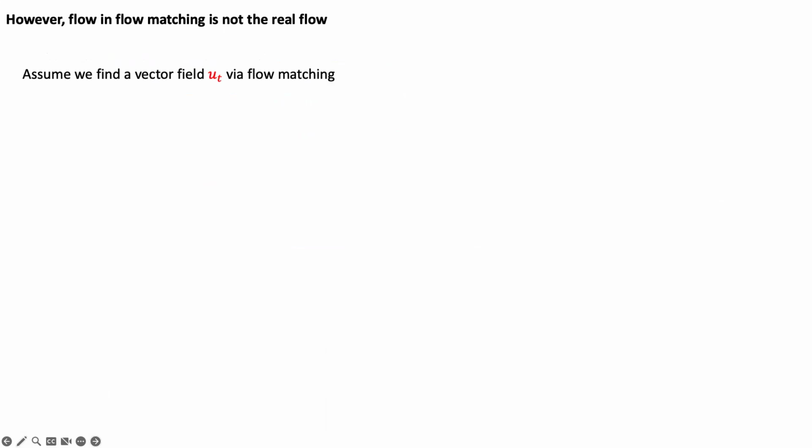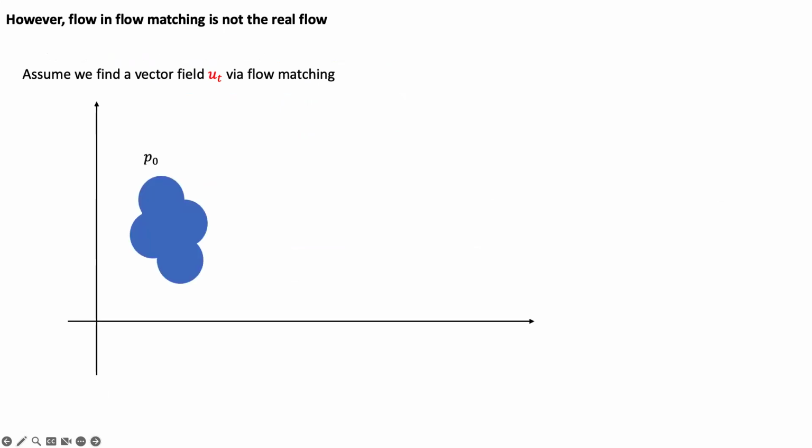Okay. Actually, one thing to remark is that the flow in flow matching is not the real flow. Assume that you succeeded in finding a vector field which matches the input and output distribution. So let's say that this is a distribution of happy people, and we want to go to the distribution of unhappy people.